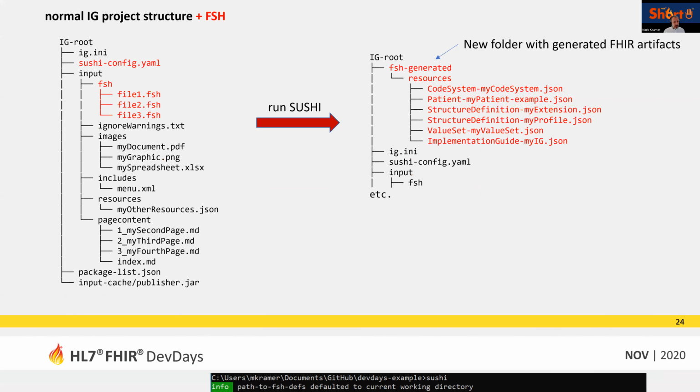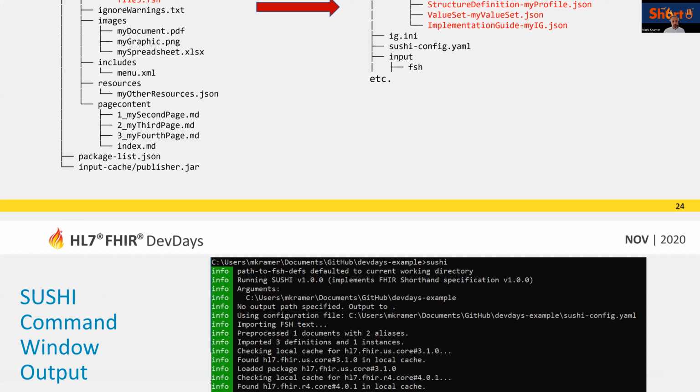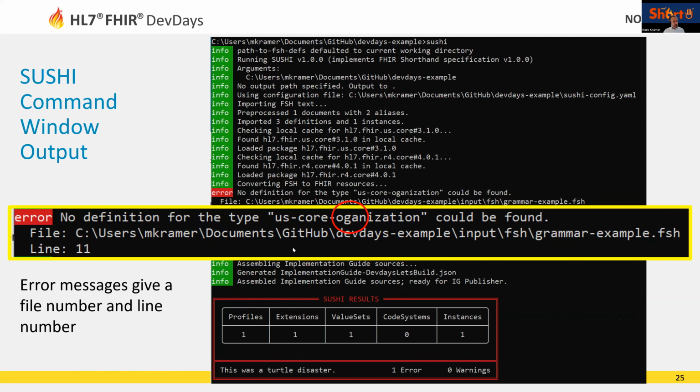When you run SUSHI, you may get errors. Just like any compiled language, the compiler can spit out errors. Here is an example of SUSHI running, and it points out the error very nicely. It says there's no definition for US Core Organization. Well, that's just a typo. You can see it there. And where is it?